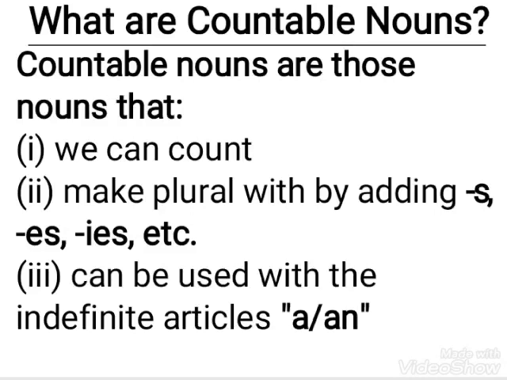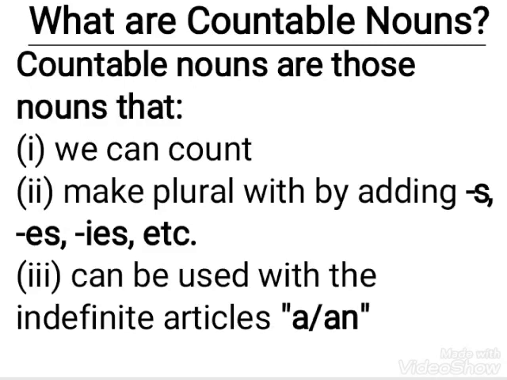Countable nouns are those nouns that we can count. Change to plural form by adding s, es, or ies. It can be used with indefinite articles. An example of indefinite articles are a and an.